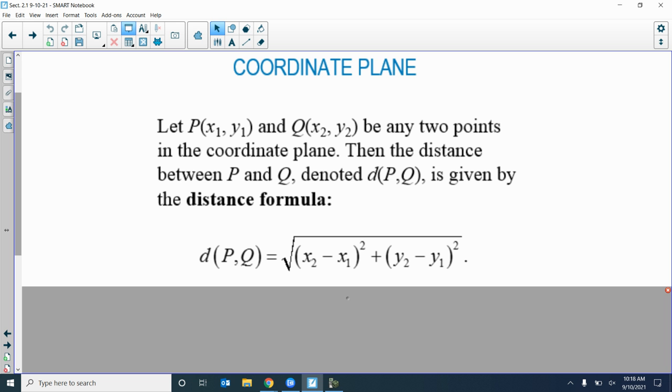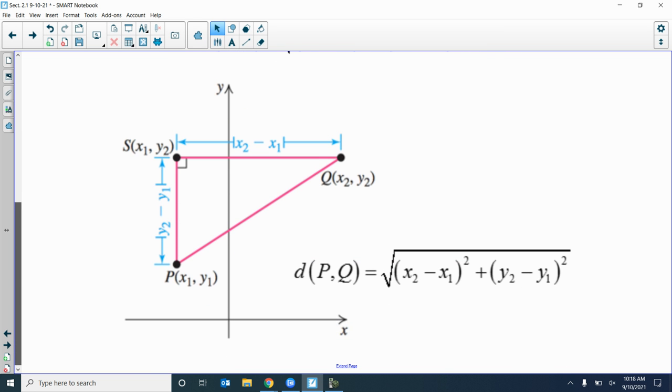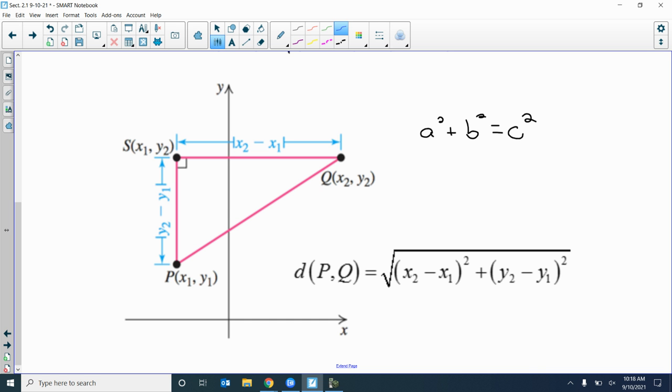Now you see that figure there over on the right? For you, all this is the Pythagorean theorem, because you talk about a squared plus b squared equals c squared. C is your hypotenuse, which would be the distance between P and Q. To get your A or your B, it doesn't matter.